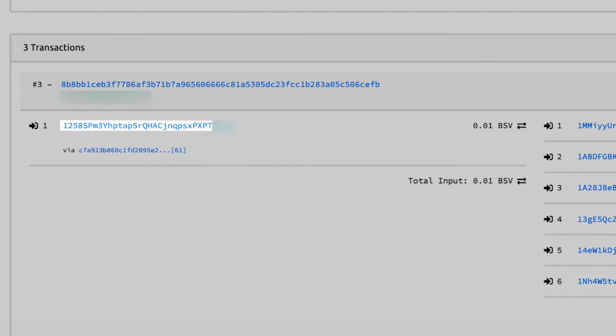On the left-hand side, you can see an address starting with 1258 SP, and that had 0.01 BSV, or a million Satoshis in it. Whatever a million Satoshis is worth, I think that's maybe £2 or something like that.